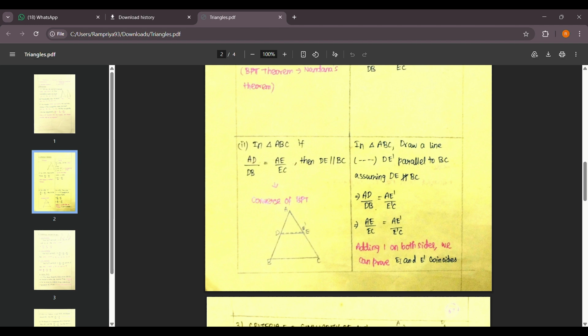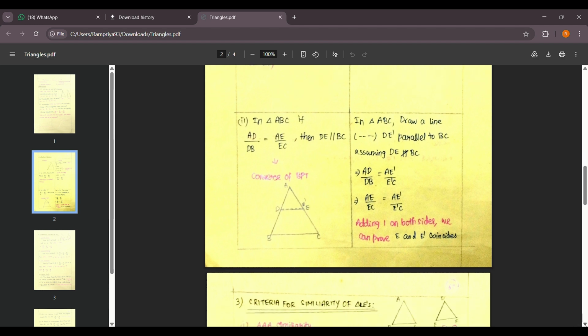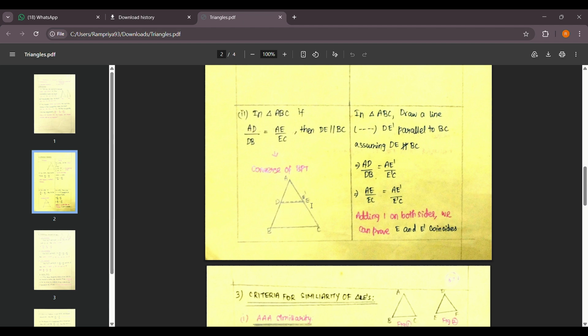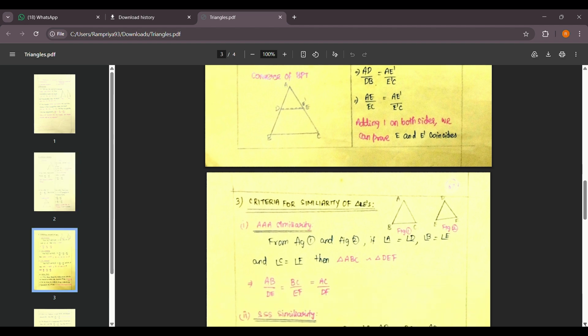And now you have to add 1 on both sides. Then you can see that the points E and E dash coincide. If the points E and E dash coincide, then DE should be parallel to BC. That's the proof. That's a very simple proof of the converse of BPT.